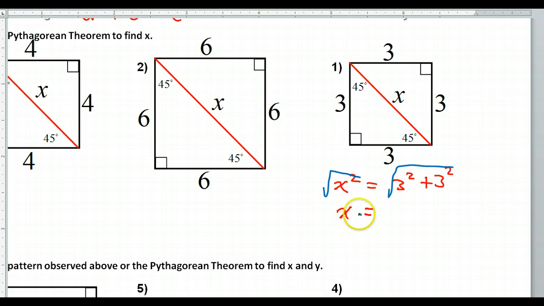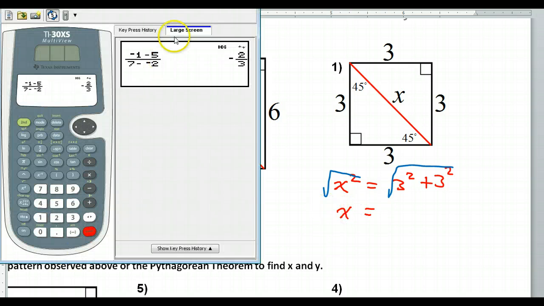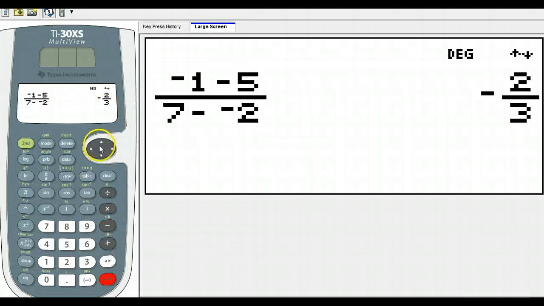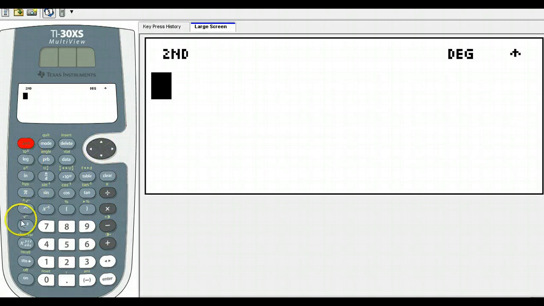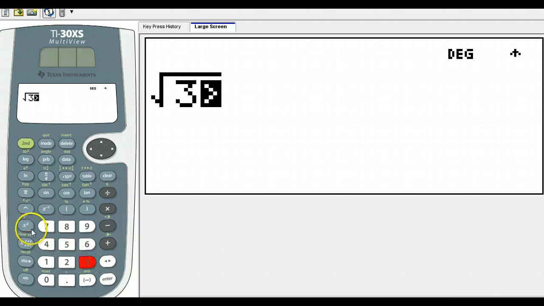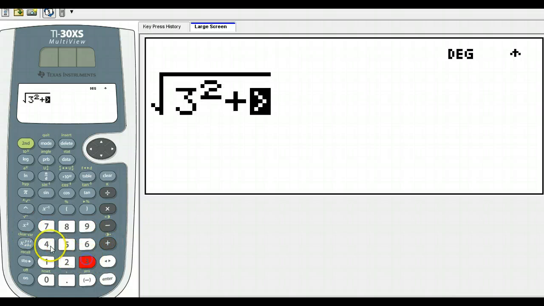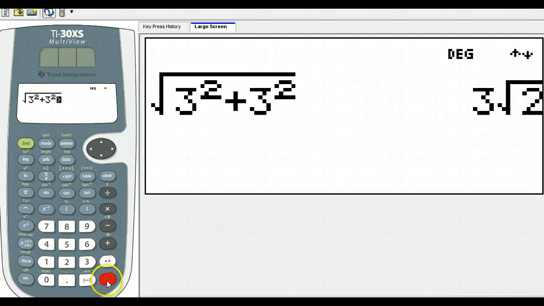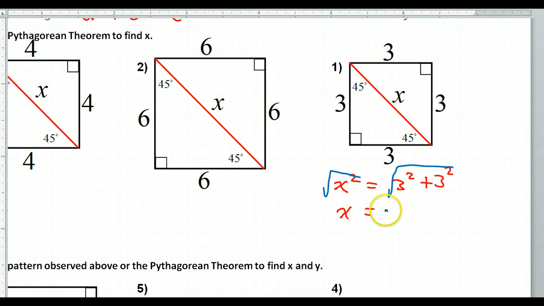So that's just going to give me the square root of 3 squared plus 3 squared. That's going to give me 3 radical 2. So x is 3 radical 2. Alright, so that's our first one. Watch for a pattern.